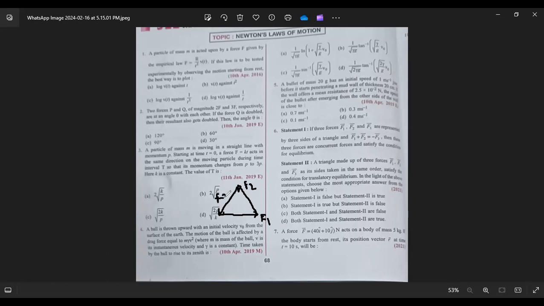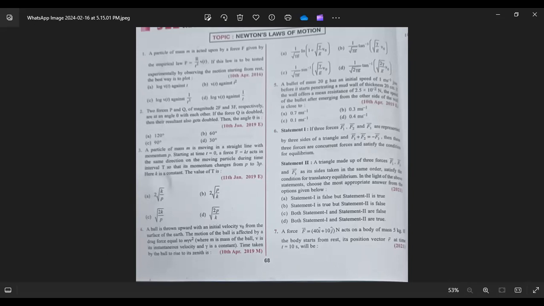So you write the condition as it is. F1 plus F2 is equal to minus F3, meaning statement 1 and statement 2 both are true. Statement 1 and statement 2 both are true. So this is the right answer to your question number 6.